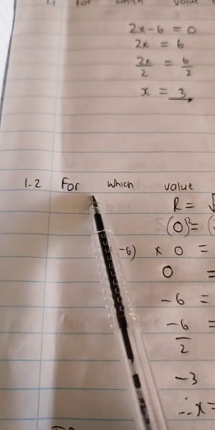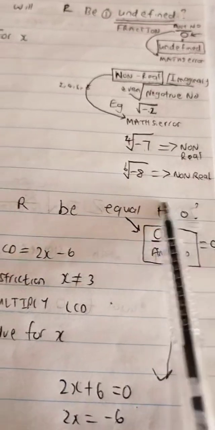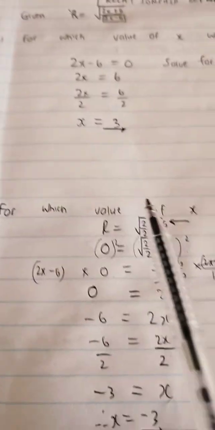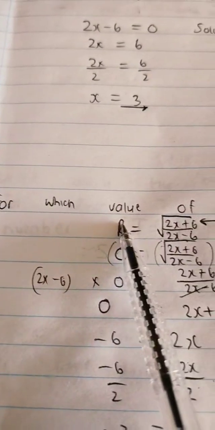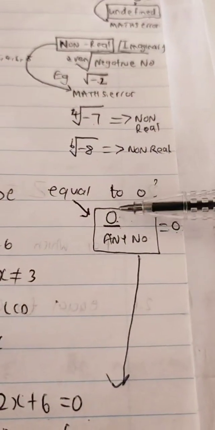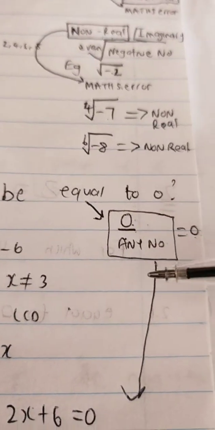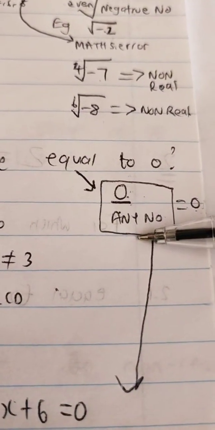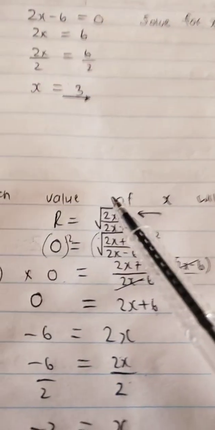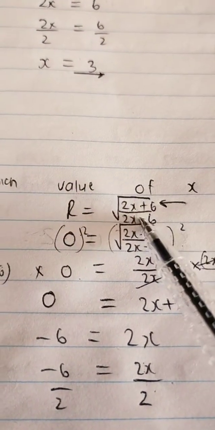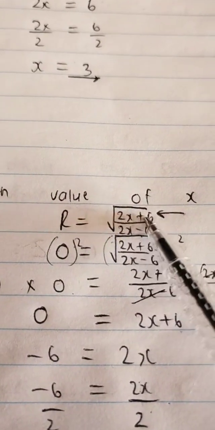Now the second question says for which value of x will r be equal to 0. Now we want r being 0. What is the concept? The concept is that a 0 numerator divided by any number will mean equal to 0, which is why our focus this time round is not on the denominator, but on the numerator, which is 2x plus 6.